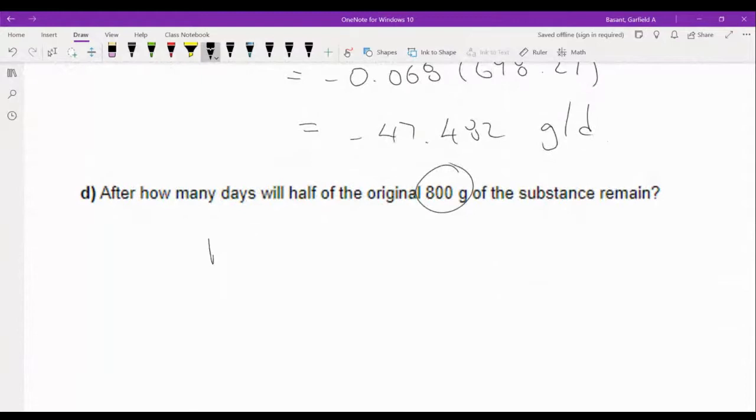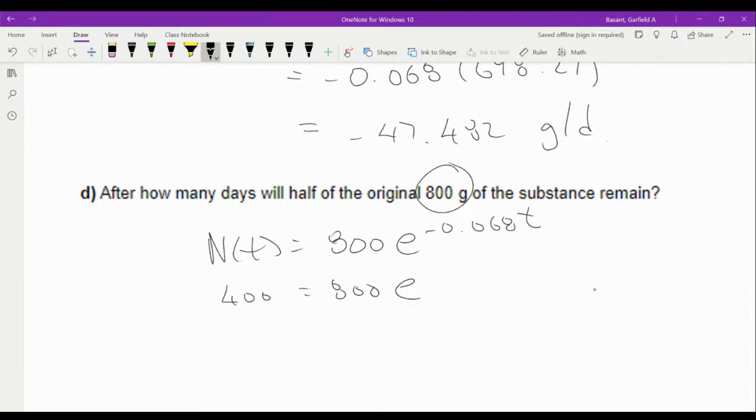So we could go back to the formula. We know that N of t is equal to 800 e to the negative 0.068 t. So we have 400 is equal to 800 e to the negative 0.068 t, and we're solving for t.